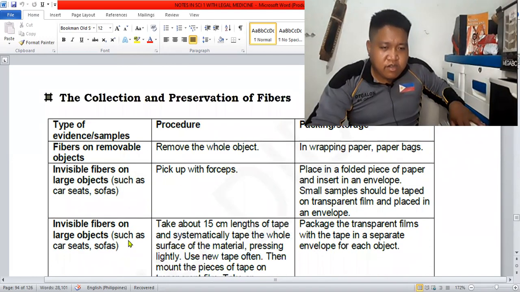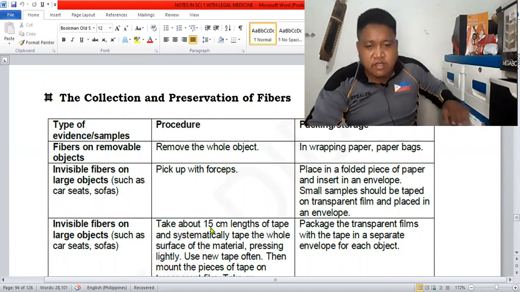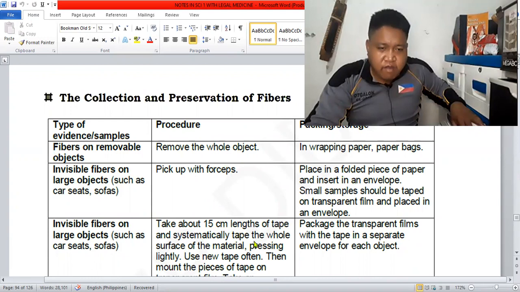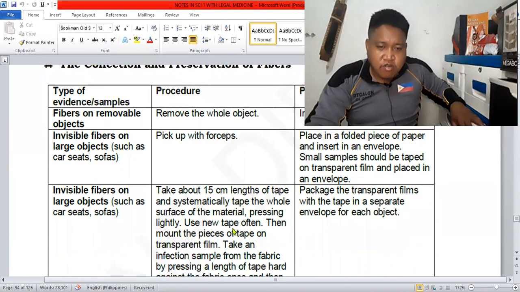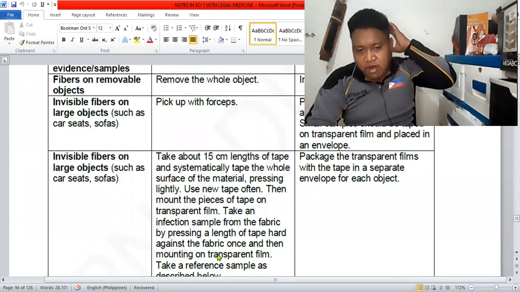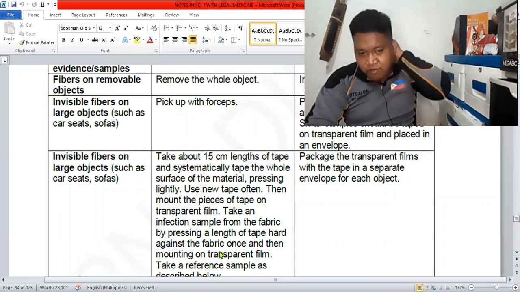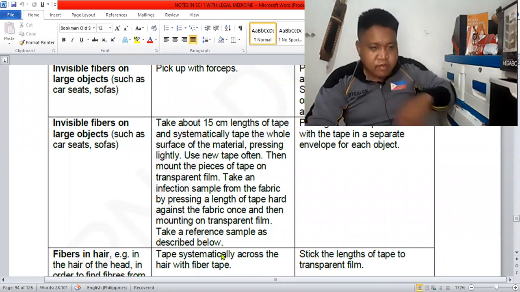Invisible fibers on large objects: take about 15 centimeter lengths of tape and systematically tape the whole surface of the material, pressing lightly. Use new tape often, then mount the piece of tape on transparent film. Take an infection sample from the fabric by pressing the length of the tape harder against the fabric once, then mounting on transparent film. Okay?